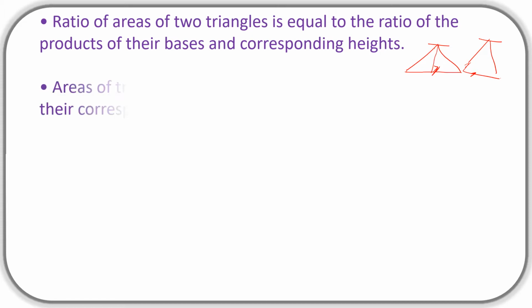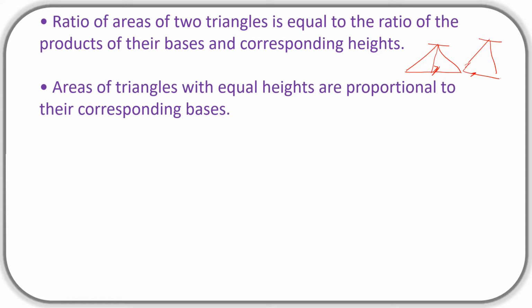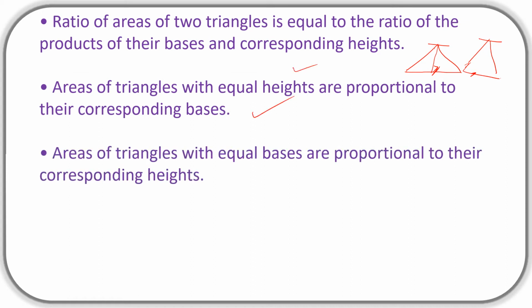Correct? Areas of triangles with equal heights will be proportional to their bases, and with equal bases will be proportional to the corresponding heights. Remember that. This is one point you should remember.